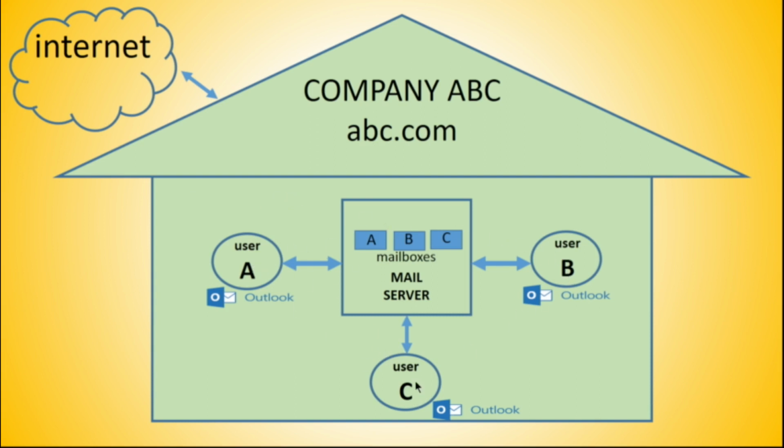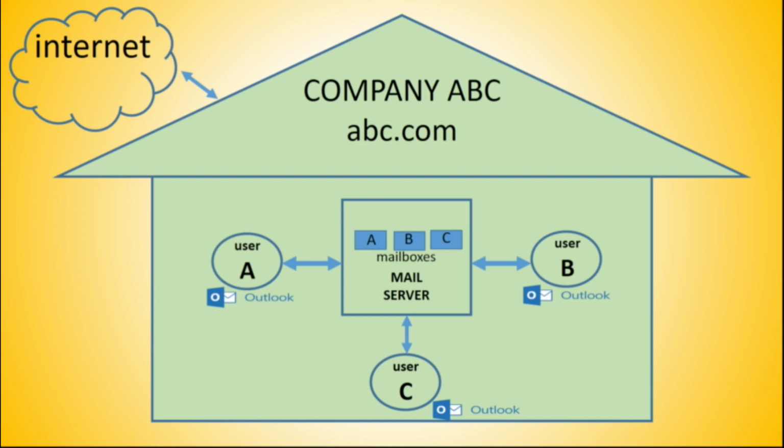The Outlook client is installed on each computer A, B, and C. Computers A, B, and C are connected through the local network with mail server ABC. Mail server ABC has a directory that keeps its resident mailboxes. Each time there is an incoming email, the mail server will push it immediately to each destination user mailbox.